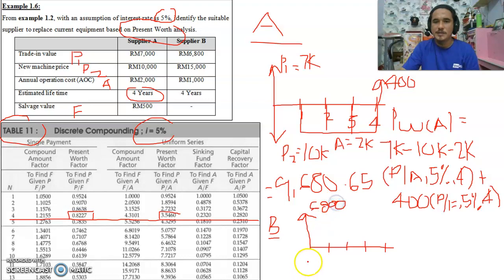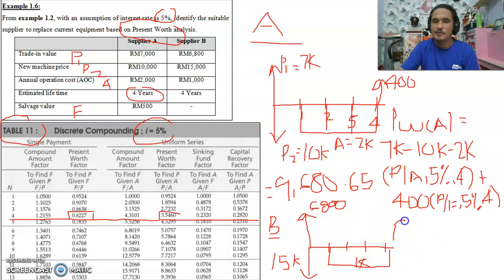The new machine is 15,000. The annual operation cost is 1k, and no salvage value. Same thing, i is 5% and N is 4 years.